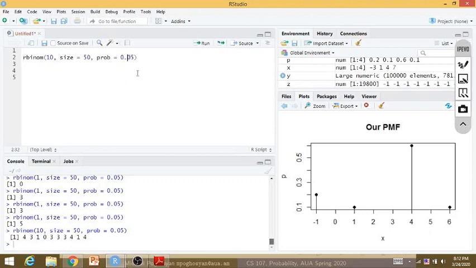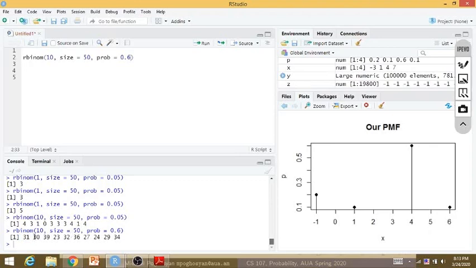If I increase the probability of success, say to 0.6, so the probability of success is 0.6, and run this again with Alt Enter, what does this 31 mean? The computer made 50 trials and found 31 successes in those 50 trials.